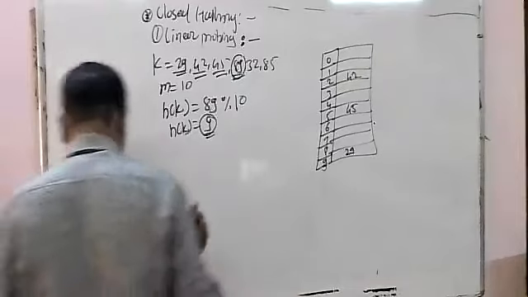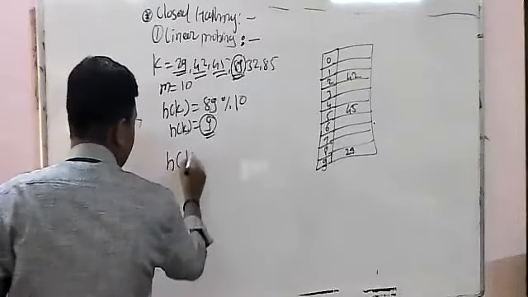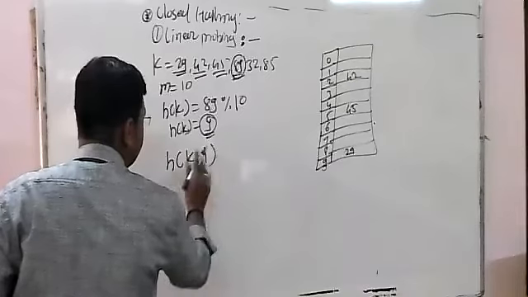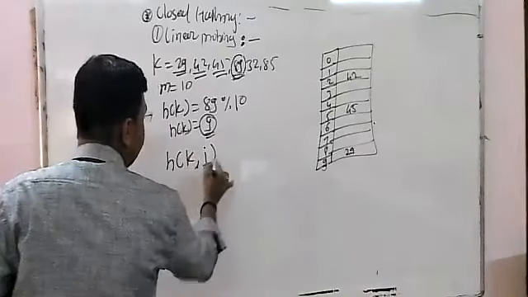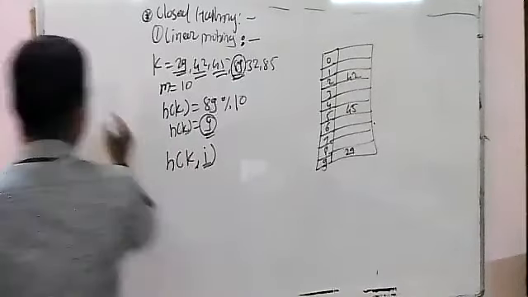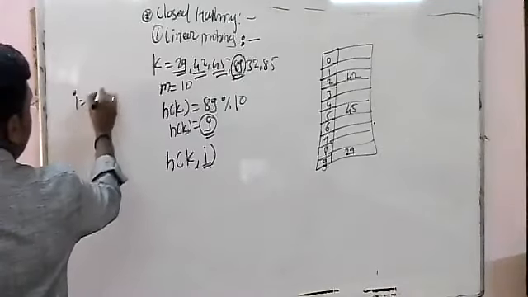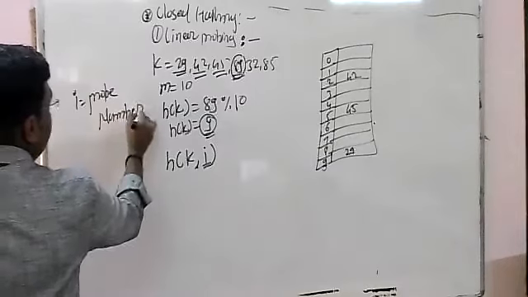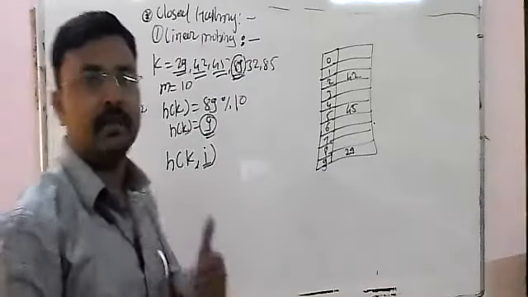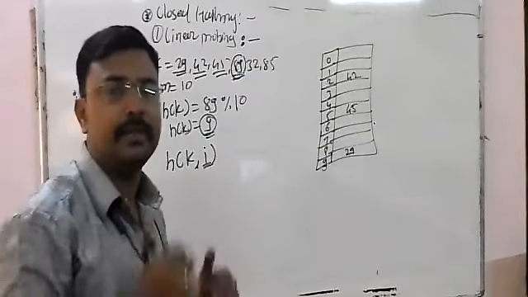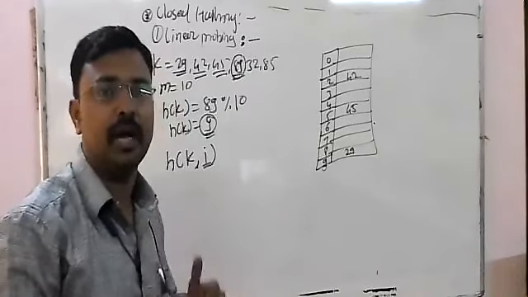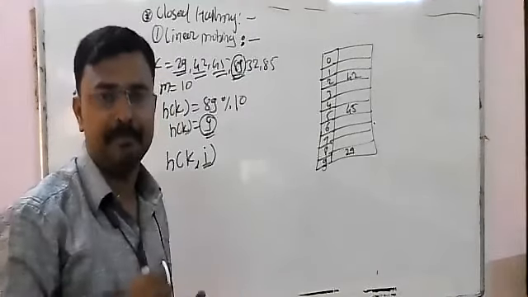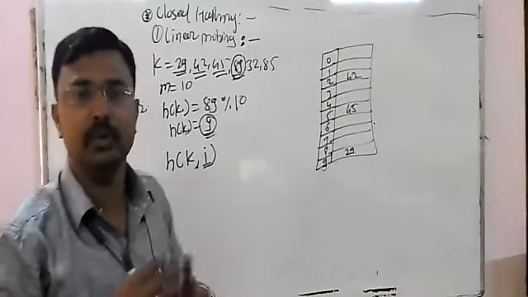How to use linear probing? See, h of k comma i. This i is nothing but the probe number, means how many times you have shifted or moved your element.